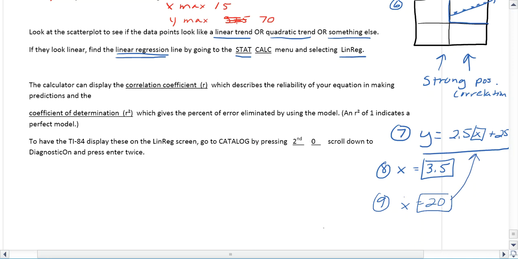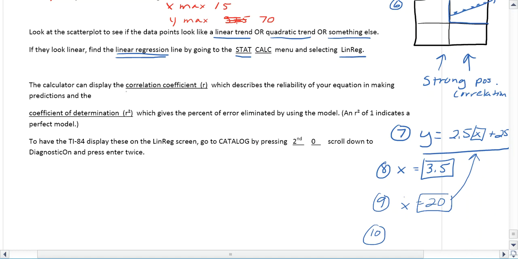Then number 10 says, does the correlation of the data suggest predictable results? Well, going back, this correlation is almost perfect. It would be really interesting to hear what the calculator says it is.